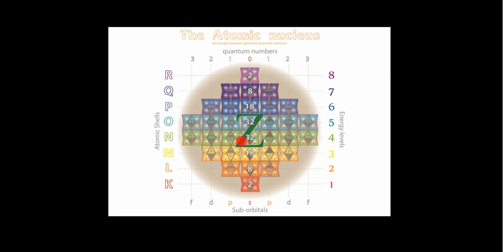Tetryonics, with the geometry, can now draw a picture of the atom and relate shells to energy levels, orbitals and suborbitals to quantum numbers. And you can just map one to the other and you can see the relationship there in that particular illustration.